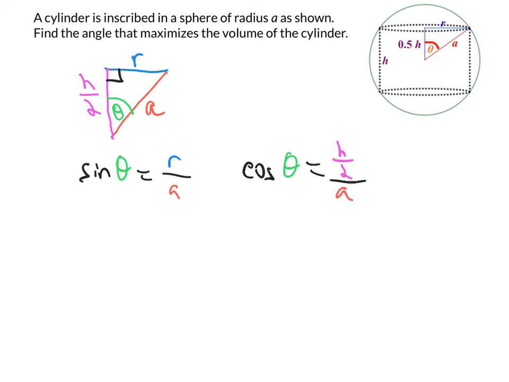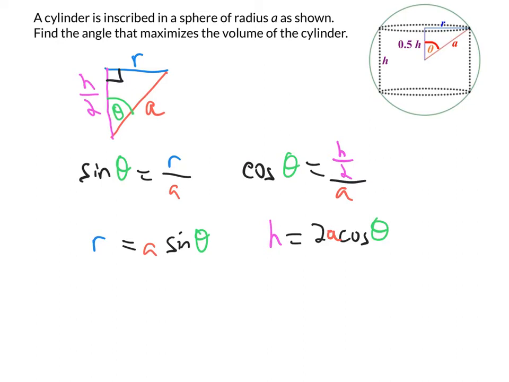And this allows us to then combine these and say that r has to be a sine theta, and h has to be 2 cosine of theta, and of course the scale factor of a in front. So there we have it.